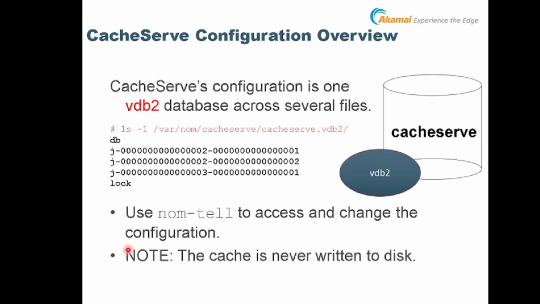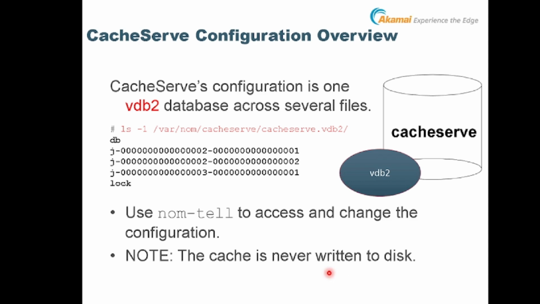And one last remark is that the cache is never written to disk at all. You might think that, well, there's a copy of the cache in the CachEserve's database, but there is not.